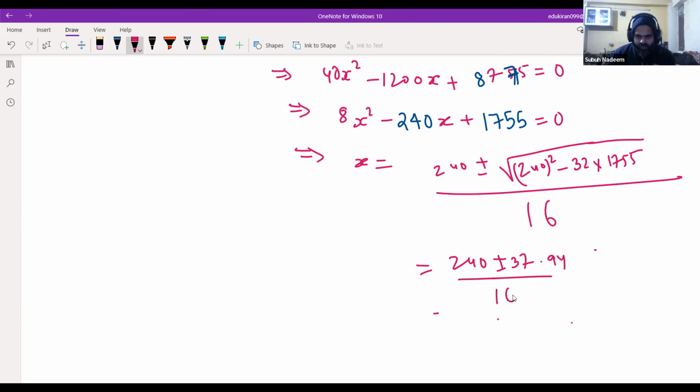37.94 by 16. Now we will add 240 with 37.94. So this will become 277.94, and we'll divide it by 16.